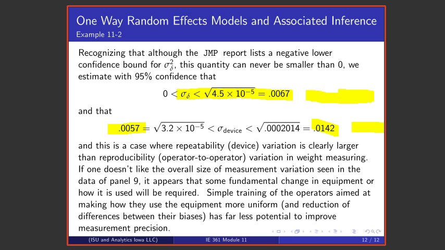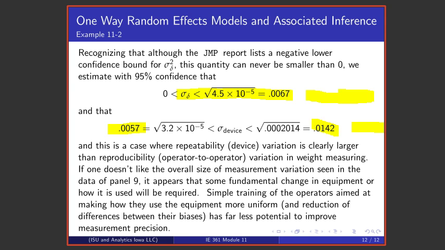That has important practical consequences. It says that if I don't like the imprecision of measurement that I'm faced with, it's not going to be good enough simply to make operators be more consistent, that is, operator to operator.